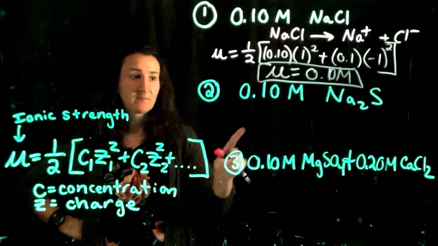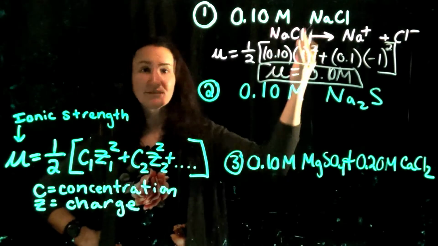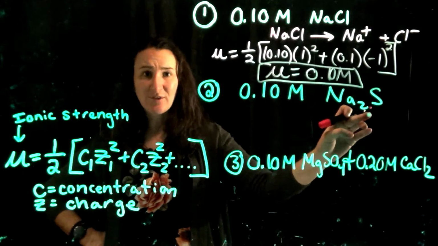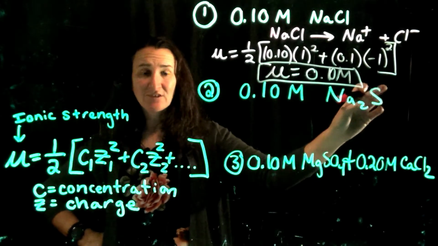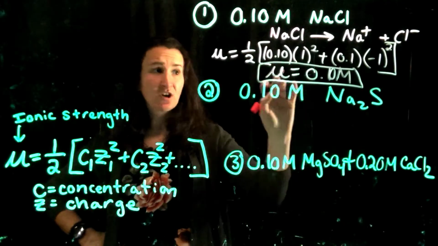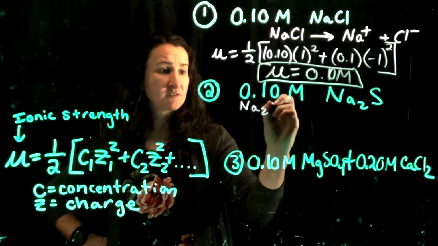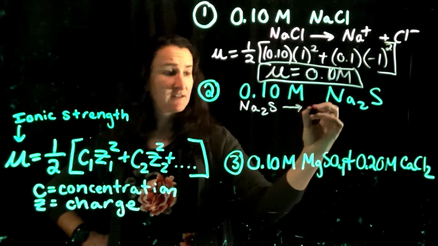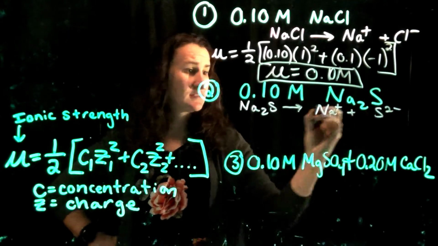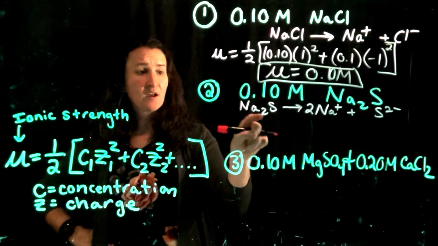Let's do another one. Here we have 0.10 molar, so same thing. You may think, oh, it's going to be the exact same. But it's not, because here it's sodium sulfide. Sulfide has a 2 negative charge, and so that's going to change your concentrations and also your charges that are placed into your ionic strength equation. So sodium sulfide reacts and releases sodium ions and sulfide ions, but it releases 2 sodiums for every one compound.